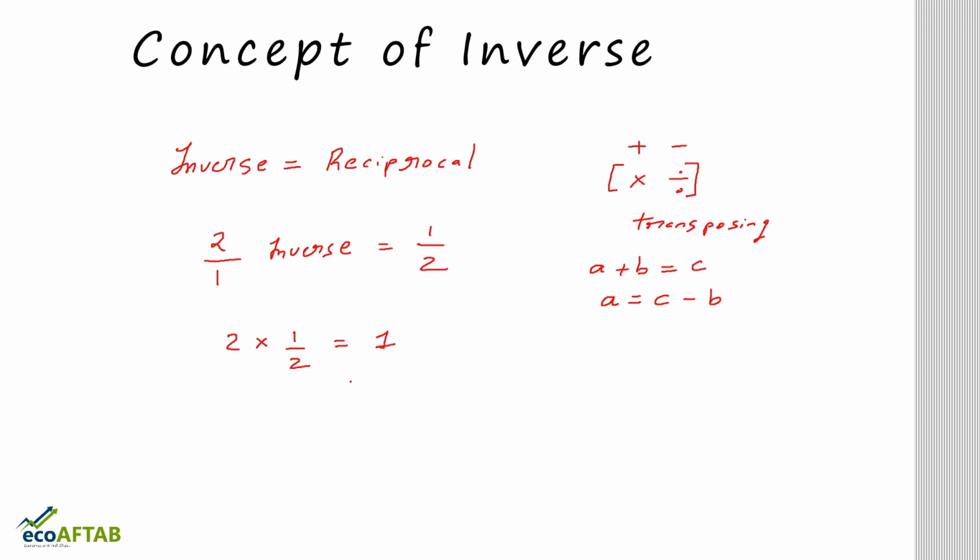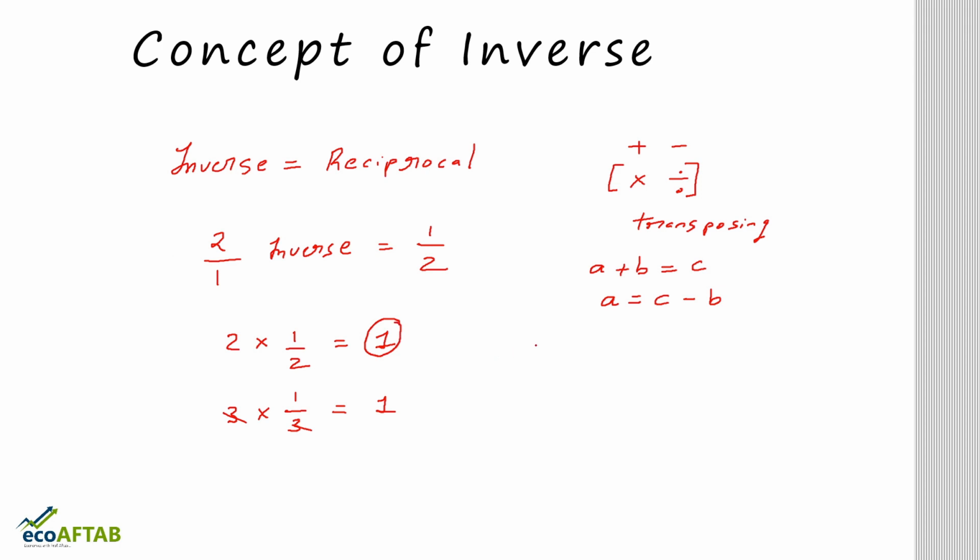We get the answer as 1. It may be any number. If it is 3, you multiply 3 by its inverse, 1 by 3, then this 3 and this 3 get cancelled, and the answer that we get is 1. So whenever we multiply a number with its inverse, we get unity.